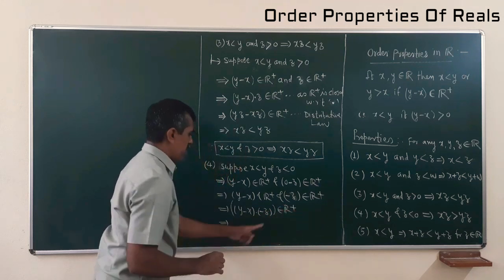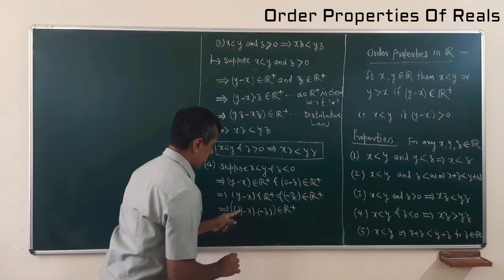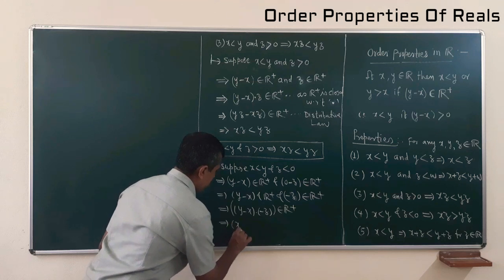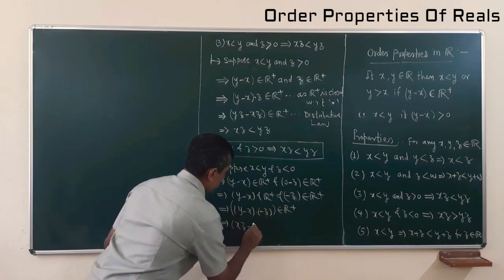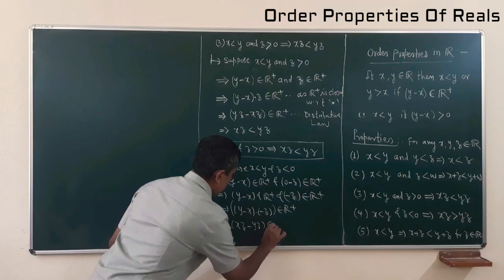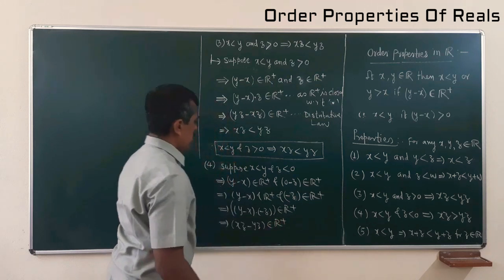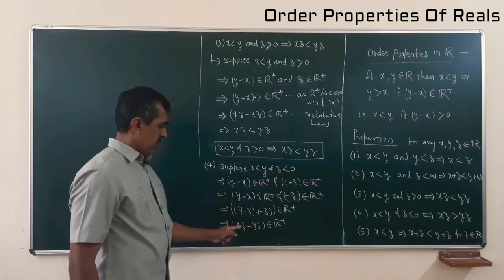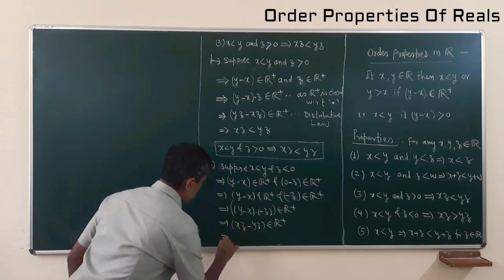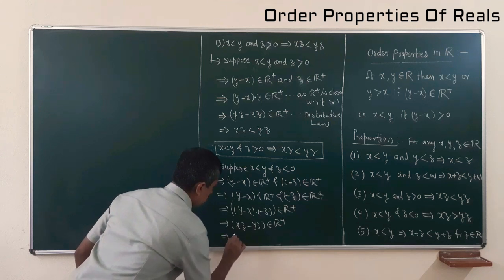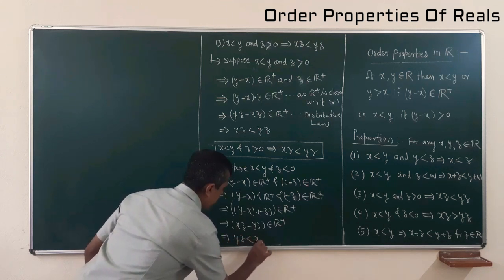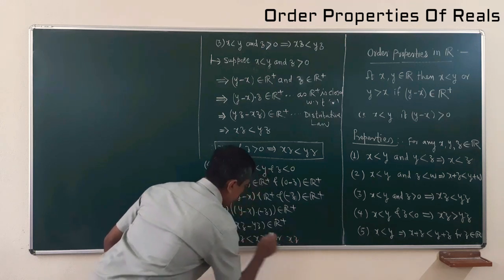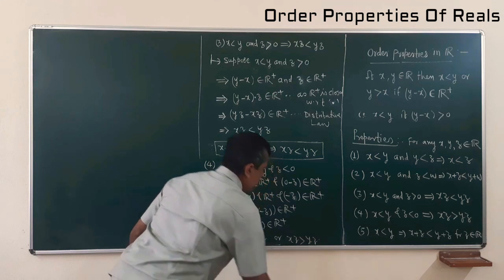This implies, now you multiply by minus z, so what you will get is minus yz plus xz, so xz minus yz belongs to R plus. So x less than y and z less than 0 implies yz less than xz, or you may write it from that side, xz greater than yz.